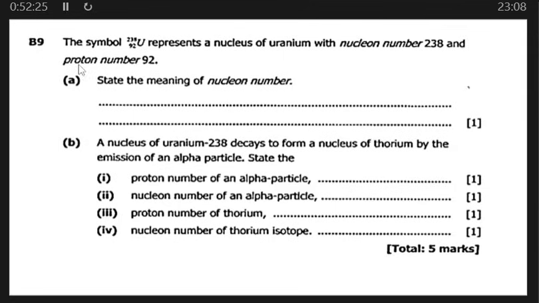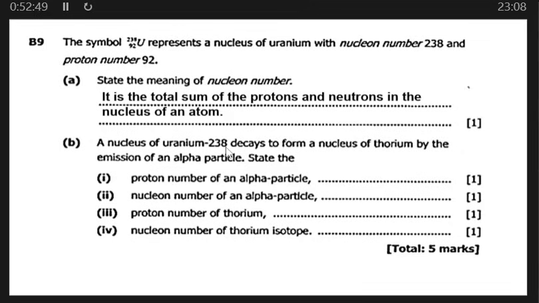Question B9 says the symbol 238 92 U represents a nucleus of uranium with nucleon number 238 and proton number 92. Then A, state the meaning of nucleon number. So it is the total sum of the protons and neutrons in the nucleus of an atom.